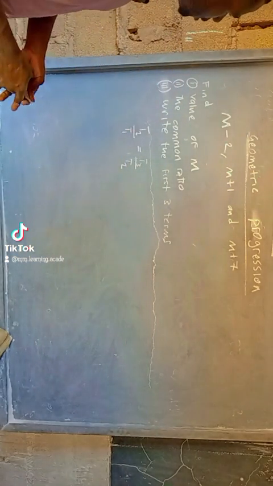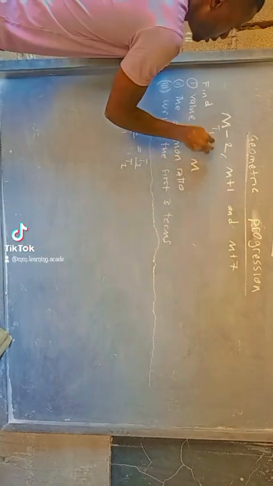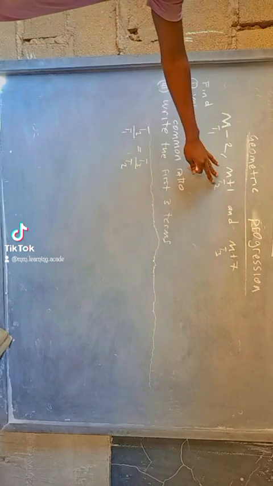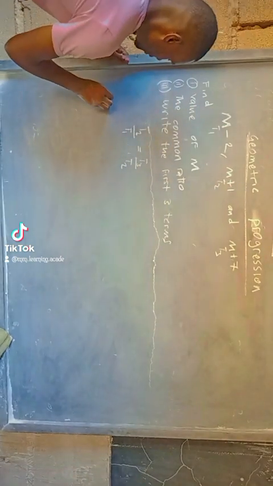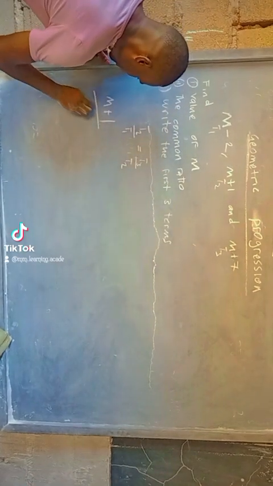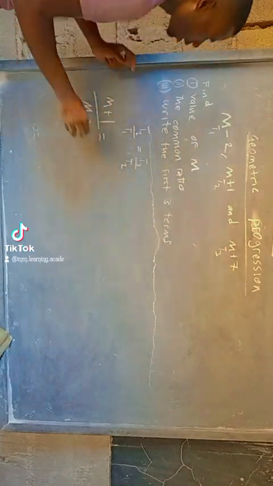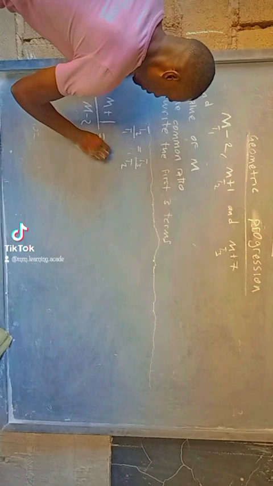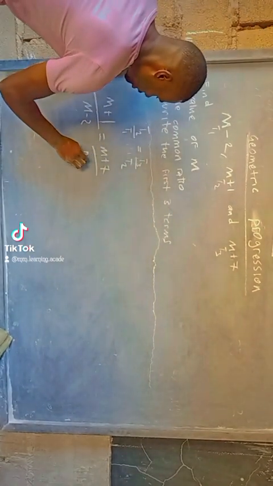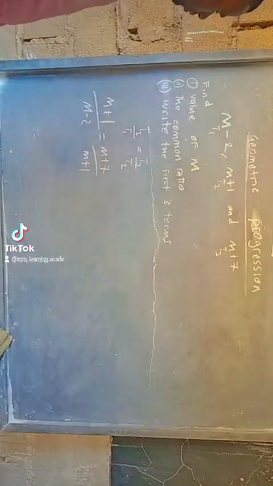Once we formulate this, we can substitute. So term number 2 is m plus 1 over term number 1, m minus 2, equals term number 3, m plus 7, over term number 2, m plus 1.